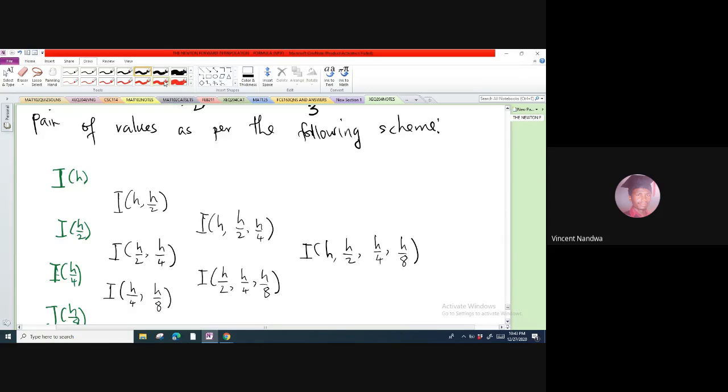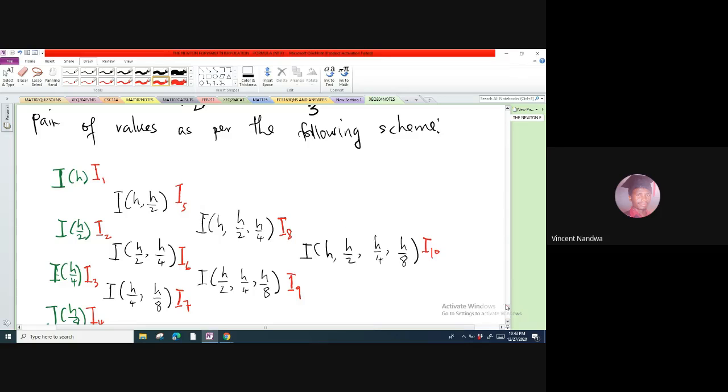So you can label these values as: if this is I1, this is I2, this is I3, this is I4, this one is I5, this is I6, this is I7, this is I8, this is I9, then this is I10.